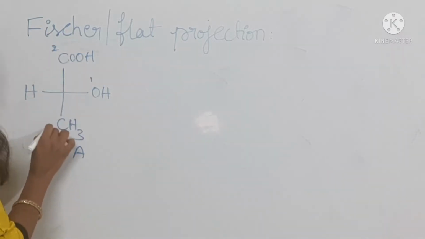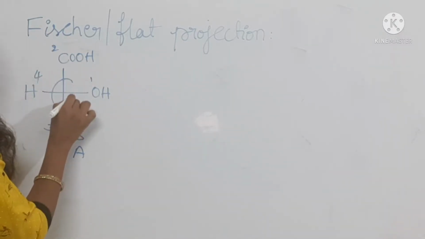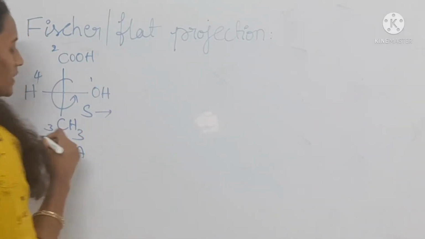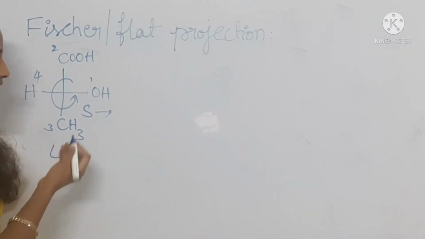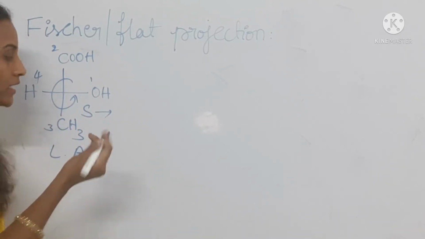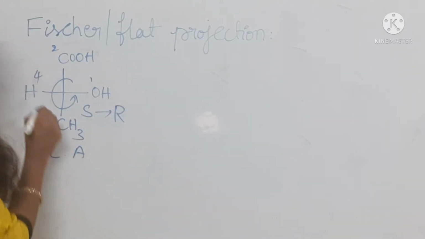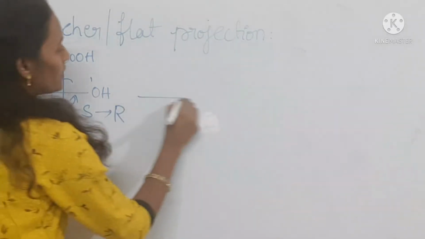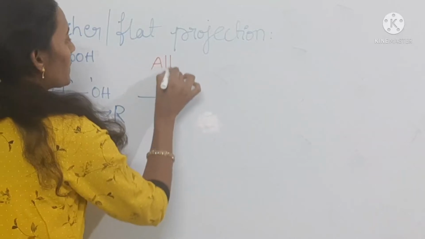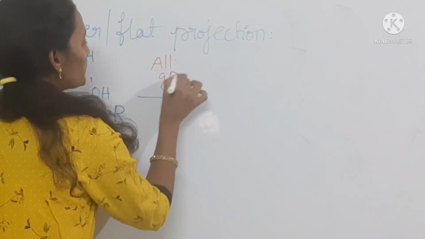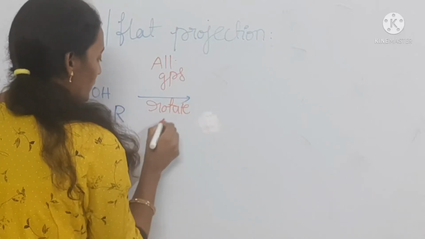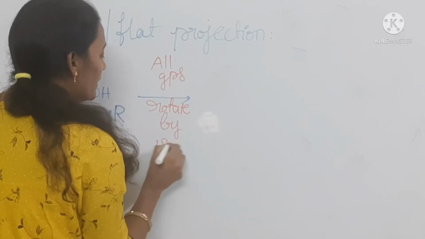1, 2, 3, 4. Anti-clockwise direction, yes, the configuration is S while observing rotation of the plane polarized light, but it will become R because the least preferable one is on the horizontal line. Then I am going to rotate all groups by 180 degrees.